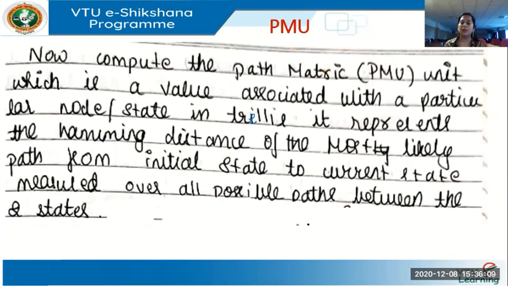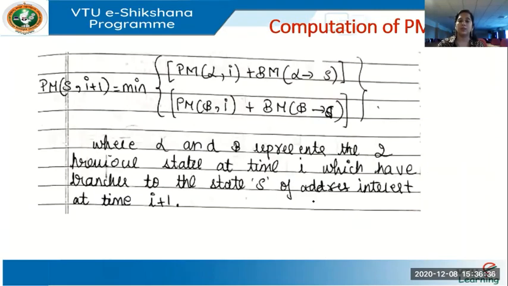Like I showed you, there can be a path like this from here to here. There can be a path like this. There can be another path like this. For all possible paths you consider and find the smallest. This path has a distance 0, this has 3, this has 4. So you're going to retain the least one and discard the other two higher distance paths. So this is about path metric unit.